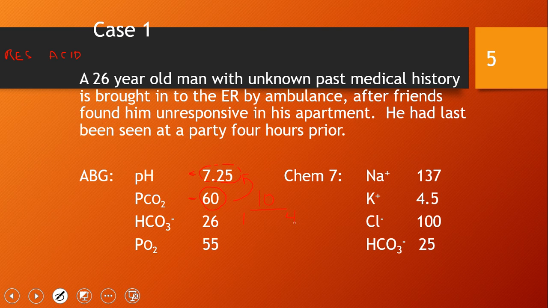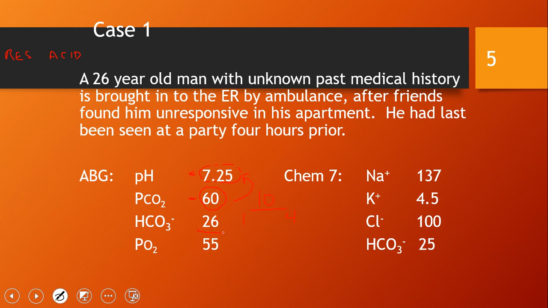So this is 2 10s above 40, and that means that this number here should be about 2 above 24 if it's acute, and it should be about 2 4s, which would be 8 above if it was chronic.